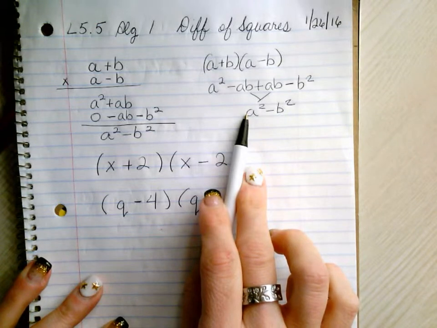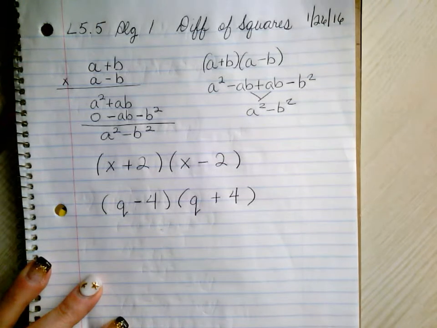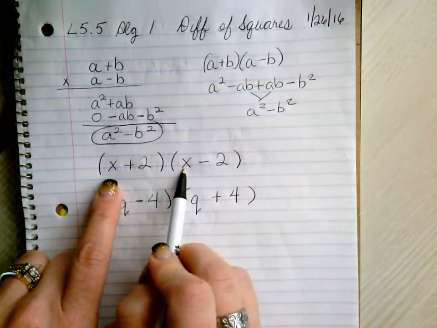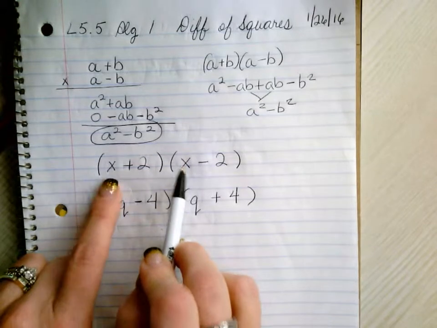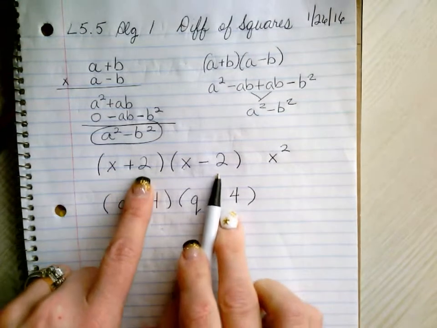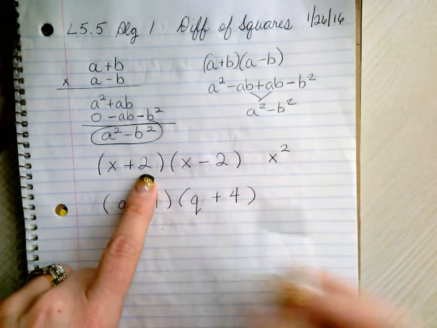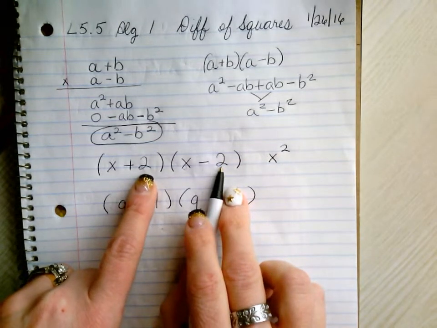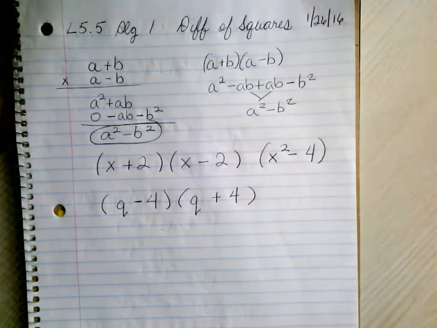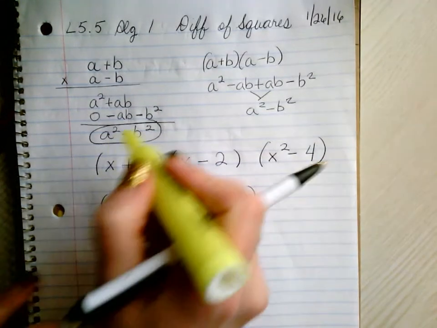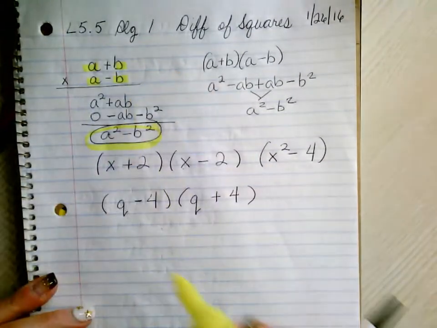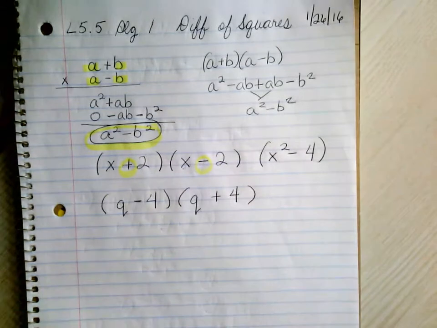And the rule to solve these is to simply look at the first term and square it. So let's square that term. What is it? Look at the last term. What is it? 2 times 2? 4. And they get separated by a minus sign. This is going to be your pattern whenever A and B are the same thing, only separated by different signs. Okay?